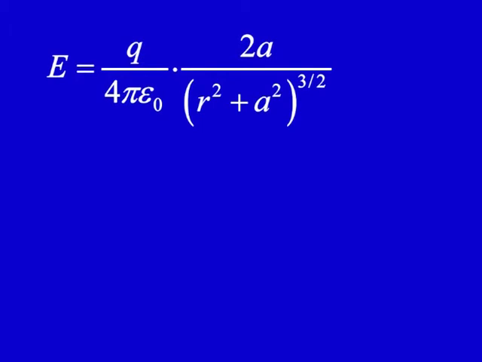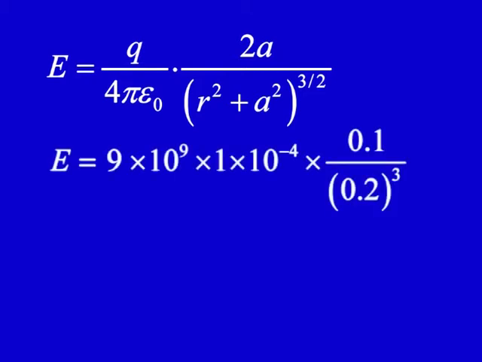Since electric field intensity E at a point on the equatorial line of a dipole is equal to Q upon 4 pi epsilon naught into 2a upon (r square plus a square) raised to the power 3 by 2.